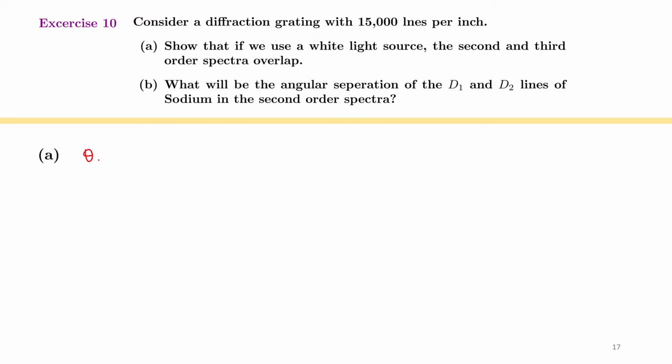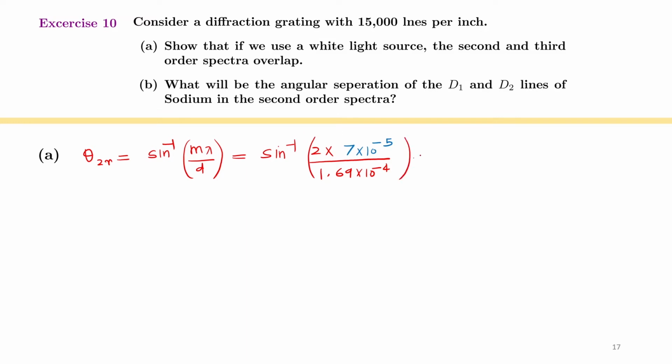For the red line, we have theta 2r equal to sine inverse of m lambda divided by d, and this is sine inverse of 2 times the wavelength of the red line divided by 1.69 times 10 raised to minus 4, and this is approximately equal to sine inverse 0.828, which is 55.9 degrees.